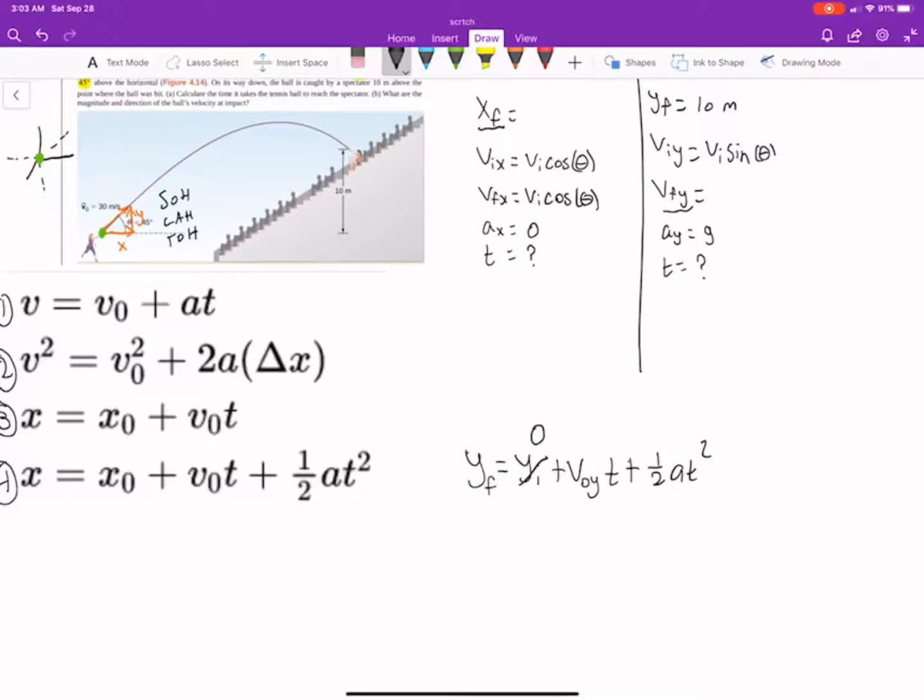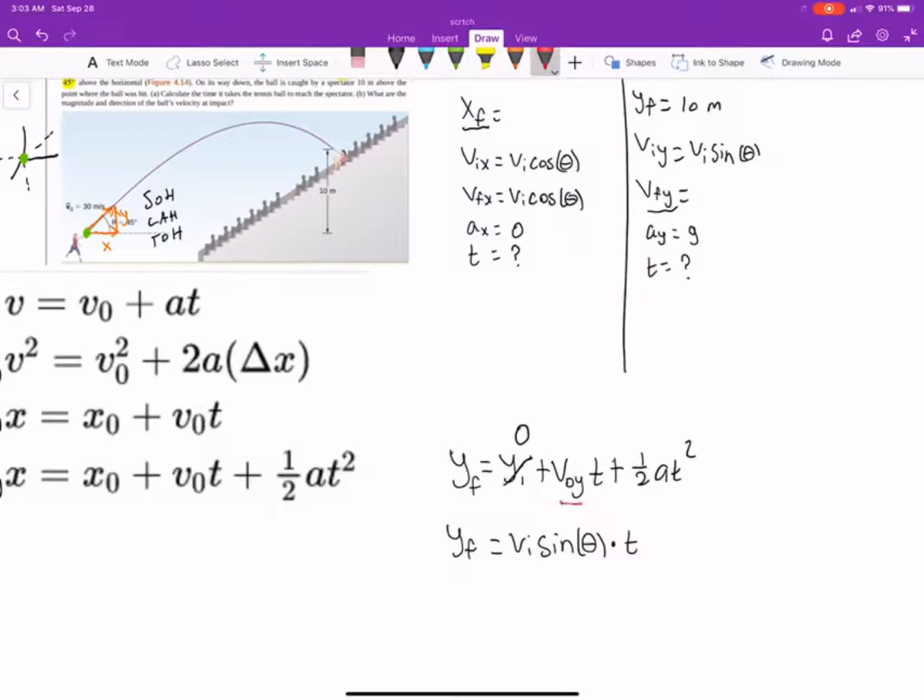Well, this we know is 0. So y final equals v naught sine theta times time, right? Because v naught in the y direction is right here. And then acceleration's g, so I'm just going to say minus 4.9 t squared.